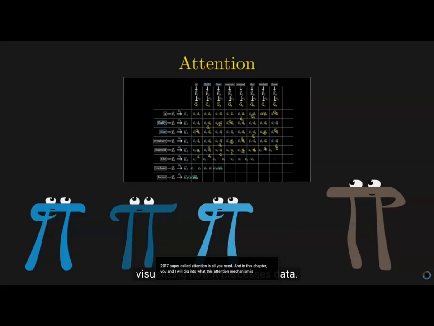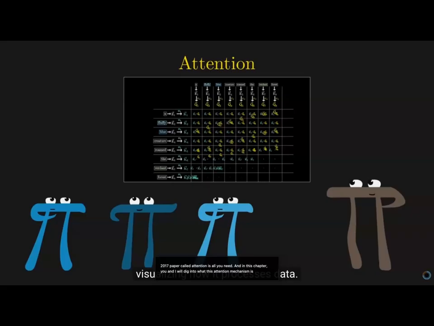Let's look at the word A, column-wise. In the first column, Q1, the query for A, is going to multiply with K1. That basically says how related Q-A is to K-A.